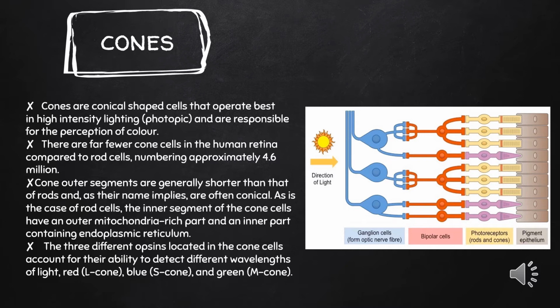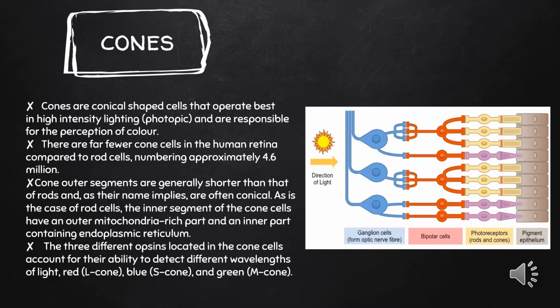As in rod cells, the inner segment of the cone cell has an outer part containing mitochondria and an inner part containing endoplasmic reticulum.